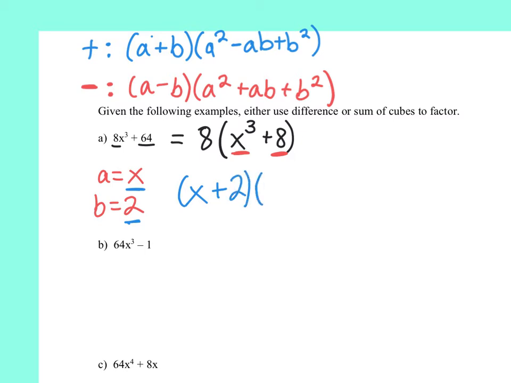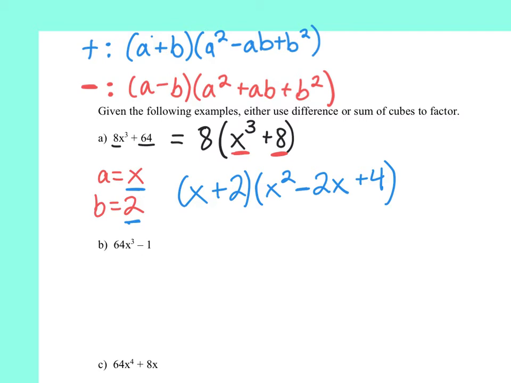Now a squared is going to be x squared. Subtraction sign, what's a times b? 2x. And then what is b squared? Plus 4. I got that right. Good.